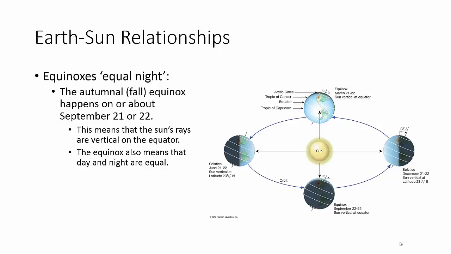If you kind of look at the top one, you'll be able to see it's pointing to the middle line in the middle of the Earth, the equator. Okay, so in both cases, they're pointing to the equator, which means that everyone's getting an equal amount of light and an equal amount of dark on that one day. So that's the autumnal or the fall equinox.